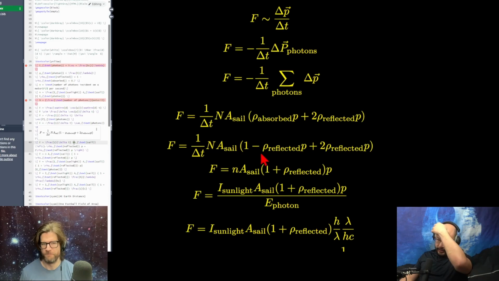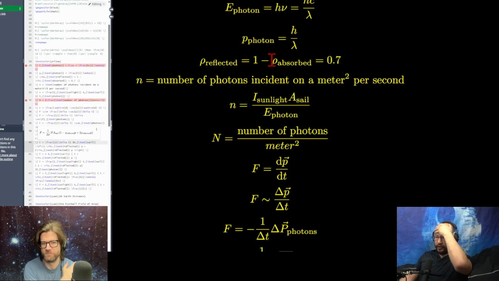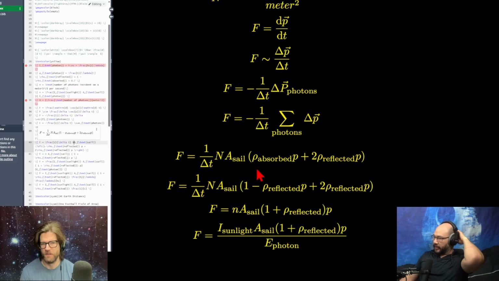Let's check that here. You have rho absorbed, and rearranging for rho absorbed, you get 1 minus rho reflected. Then you swap that out here. This might need a parenthesis.